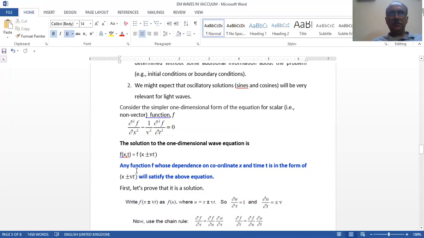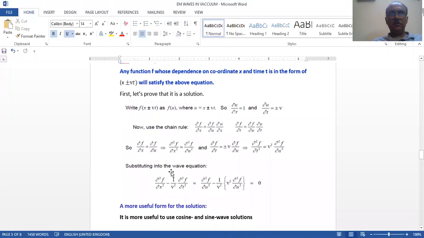Any function with dependence on coordinates x and t of the form x plus or minus vt will definitely satisfy this equation, and you can definitely prove it. I have proved it here. You can go through this.